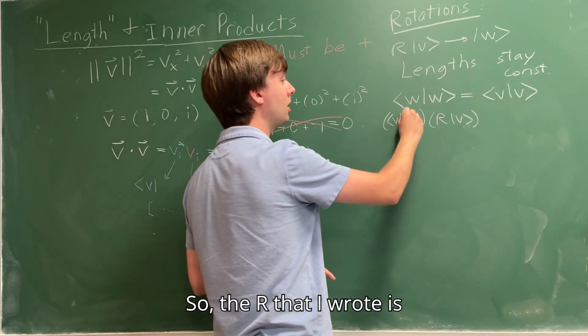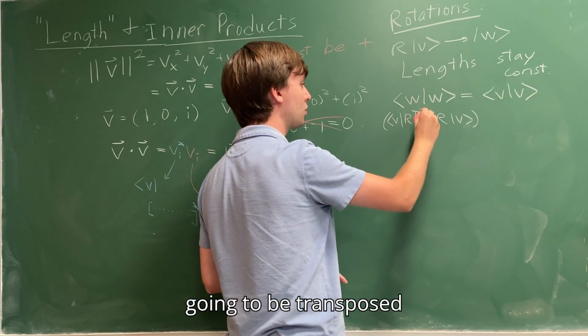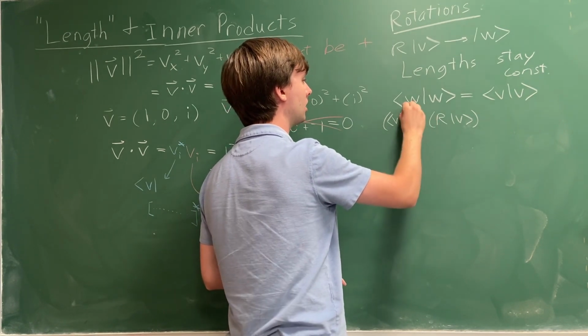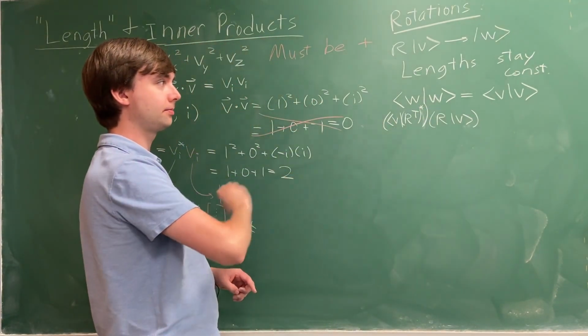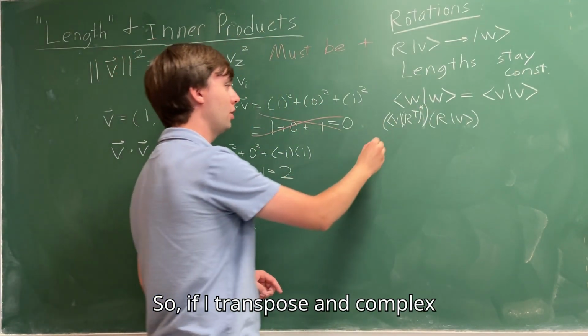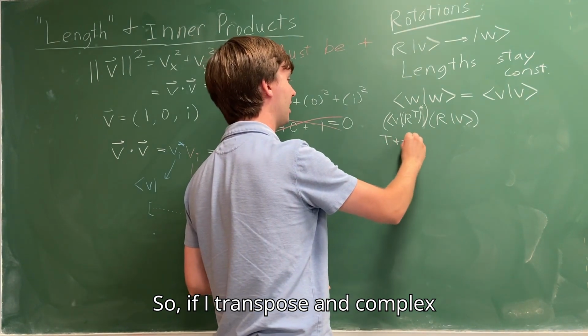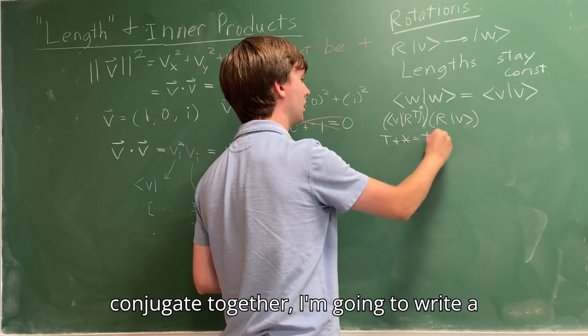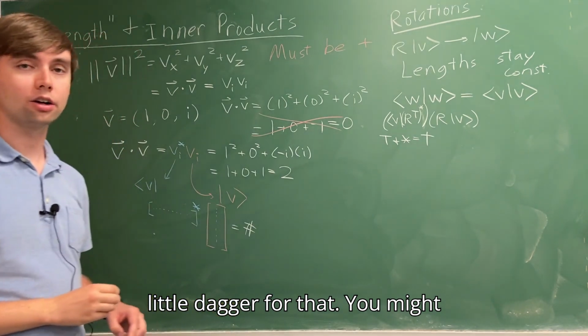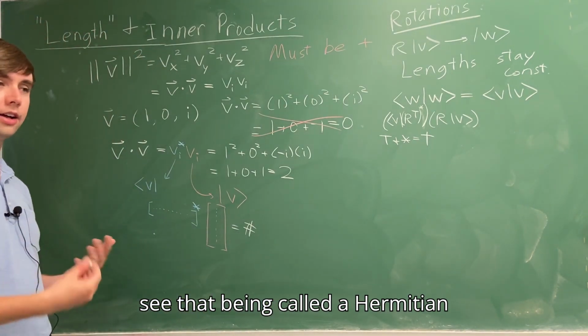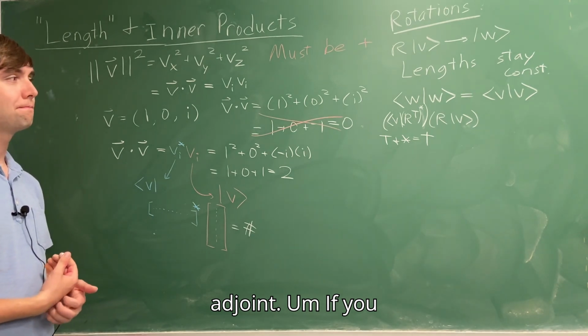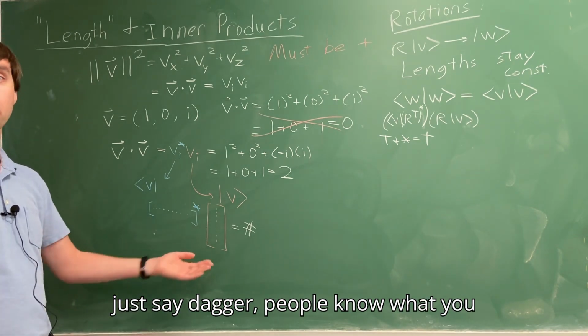So the r that I wrote is going to be transposed and complex conjugated. So if I transpose and complex conjugate together, I'm going to write a little dagger for that. You might see that being called a Hermitian adjoint. If you just say dagger, people know what you mean.